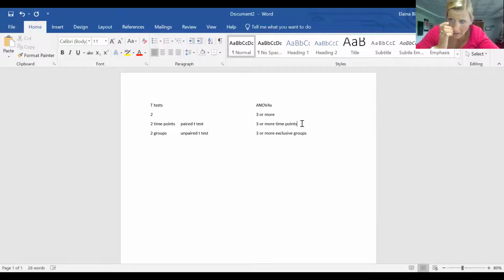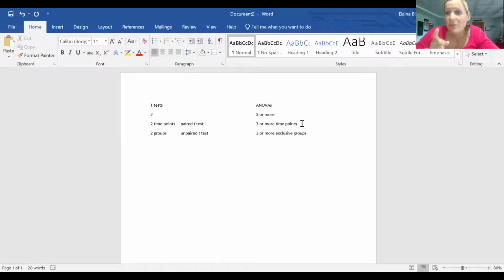Another example of 3 different time points: maybe we want to know what your GPA is as you move through your career at Loras College. In order for this to work, I want to look at the same group. Let's say I take the freshmen this year.